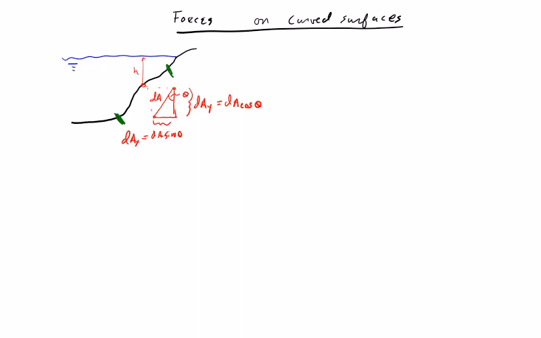Now we know already that the pressure at this little point is P, which would equal rho g h. The key part about P is it's going to act normal to the surface.